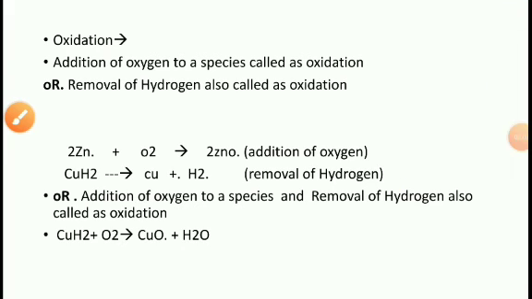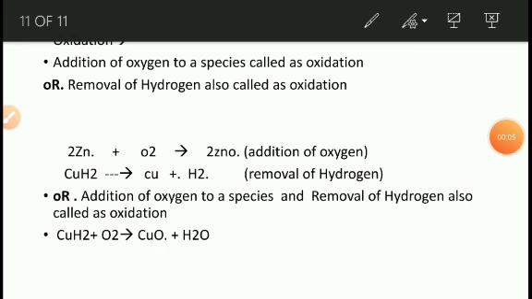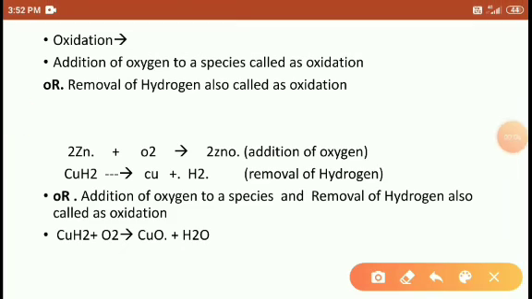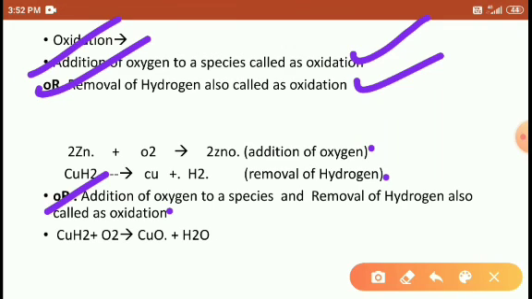Okay students, already you have seen two examples. If we combine both definitions, the addition of oxygen and removal of hydrogen, they are collectively called oxidation. This is one more definition. So oxidation has three definitions, students: the first definition, the second, and this is the third.